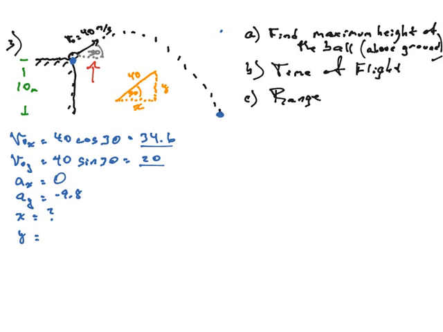Well, just looking in the y direction, obviously the cannon goes from the top down to the bottom, which is a downwards 10 meters. So the total y distance is going to be negative 10. And in T, I don't know the time of flight, but that's what part B asks for. So there we go. There's all the information I know and what it is I'm looking for.